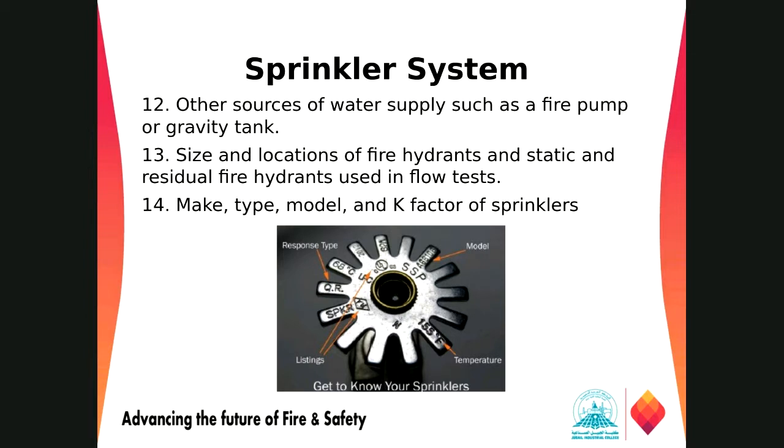Then look for the sources of the water supply, whether it's fire pumps or gravity tanks. What is the size and location of the fire hydrant, the static and residual pressures. Then look for the sprinkler identification numbers, which show the make, type, model, K factor, temperature ratings, and the orientation. All that information we can find from there.